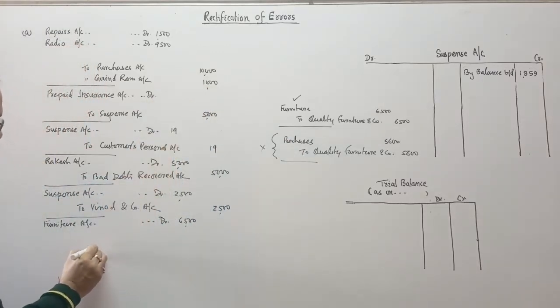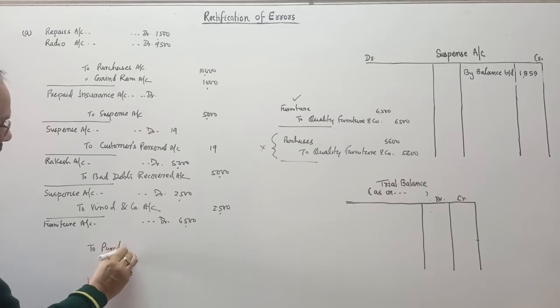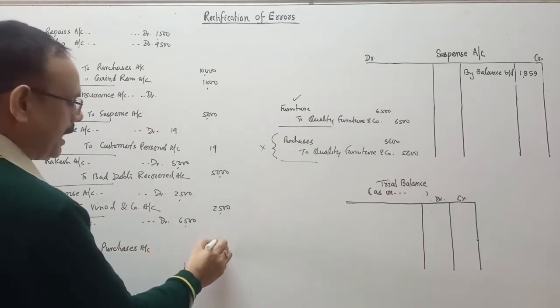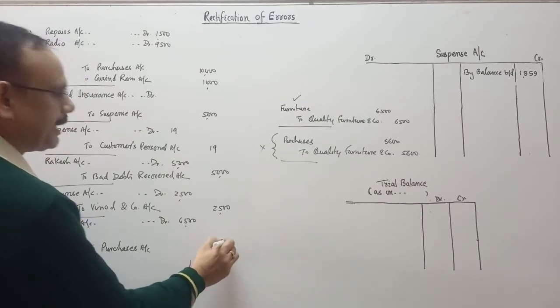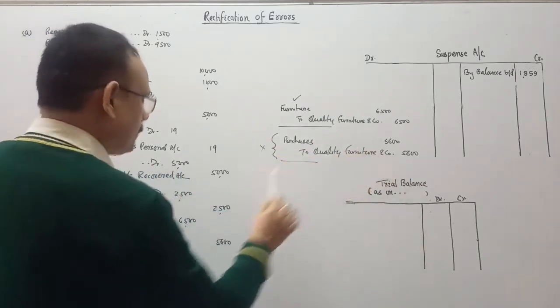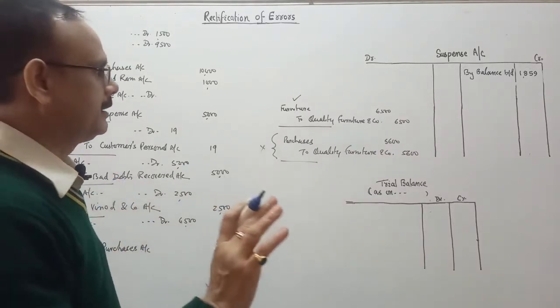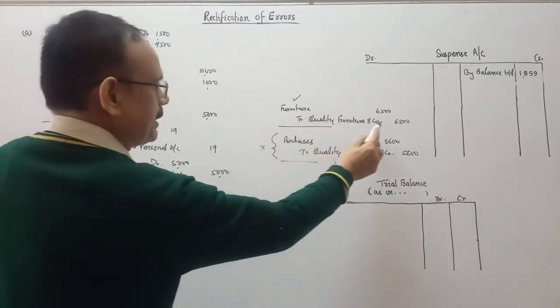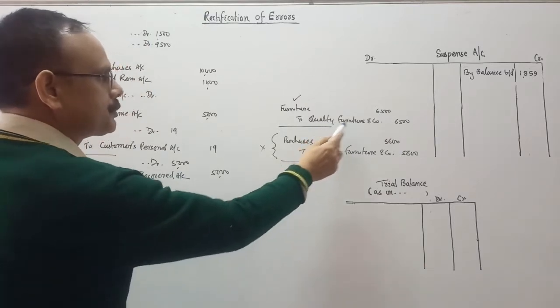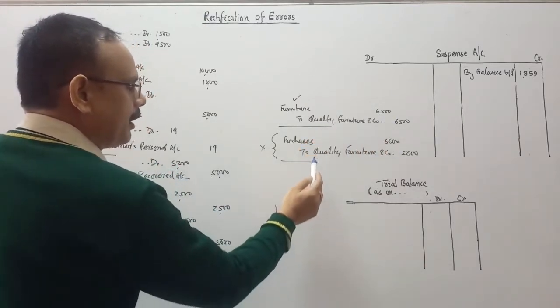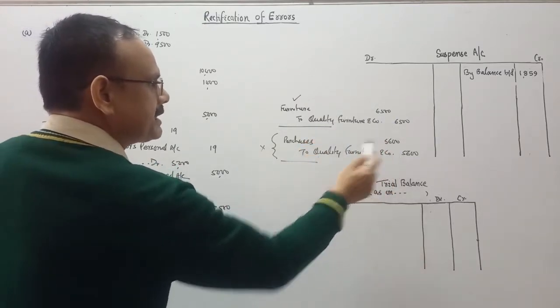For cancellation of purchase, we will credit the purchase account by 5600. We have cancelled it. Now coming to Quality Furniture and Company, it should be credited, however it has been credited only 5600.